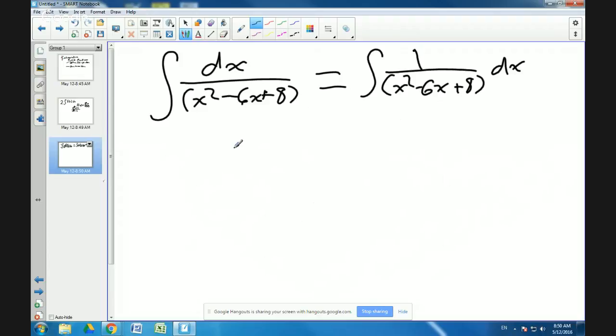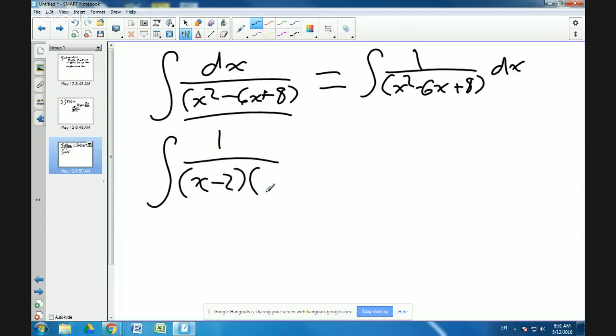Now the first thing we want to do is factor the bottom out into its simplest form. So what we are left with is 1 over x minus 2 times x minus 4 dx.